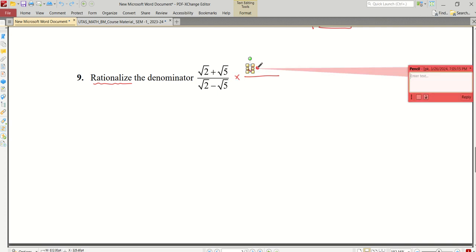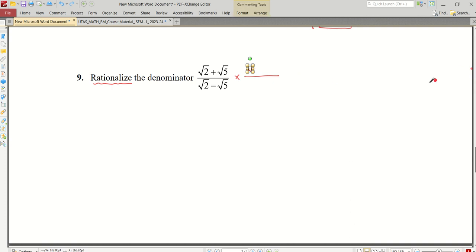So multiply. Now what you need to do? Multiply square root 2 plus square root 5 upon square root 2 plus square root 5.